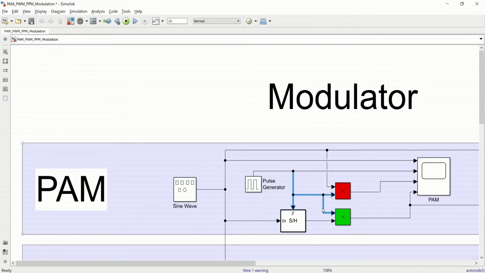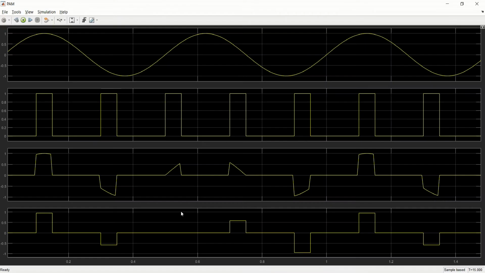This pulse generator is fed to this green multiplier, and the output of the sample and hold is also fed to the green multiplier. The output of this green multiplier leads to the fourth port of the scope, which is the signal indicating the flat top PAM. So we now have the two types, the natural PAM and the flat top PAM.